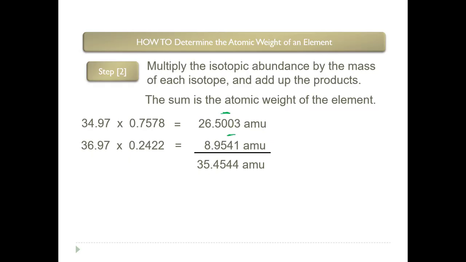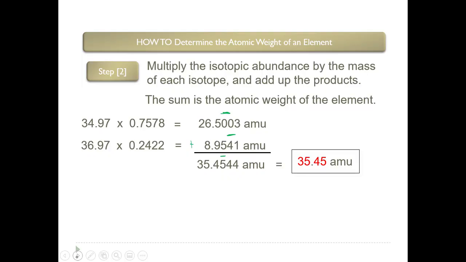Then when we add, we look at the least number of decimal places, so we should have 2 decimal places. Here they've chosen to retain extra digits until the end, and so you would report this as 35.45.